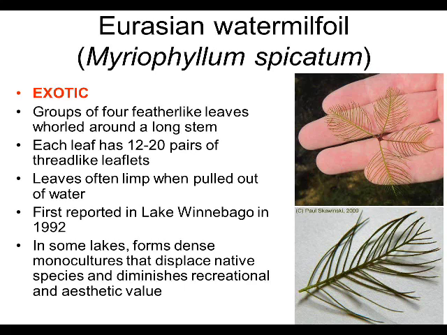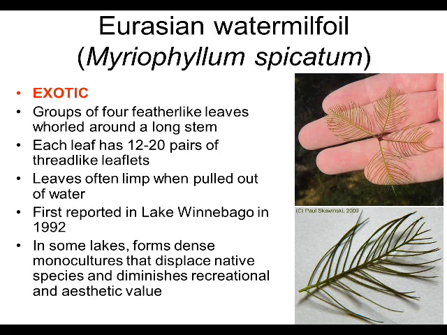The way to identify Eurasian Watermilfoil is to count the number of leaflets on an individual stem. In the field we count each one of these tiny little branches off to the side of an individual leaf. And the magic number for one side is anywhere between 12 and 20 leaflets on one individual leaf per side.